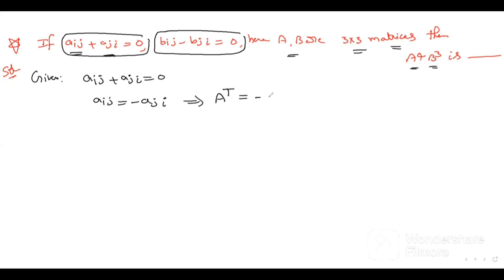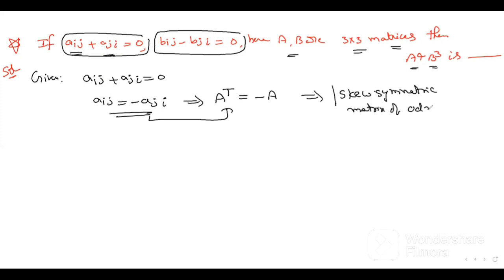The transpose of A is equal to minus A. So the determinant of a skew symmetric matrix of odd order is equal to how much value? 0. The 3 by 3 is odd order. So the determinant of a skew symmetric matrix of odd order is equal to 0. So here det of A value we get 0. Why? Because here A is a skew symmetric matrix.